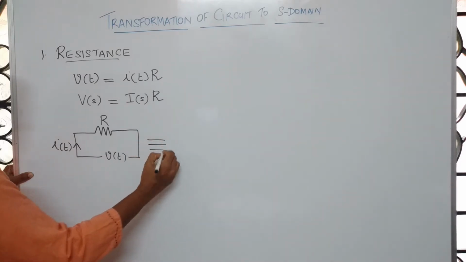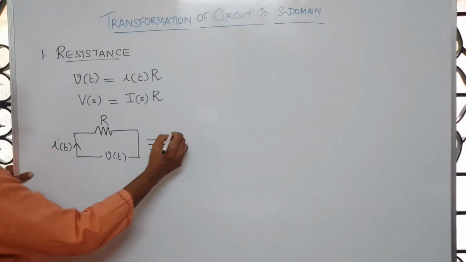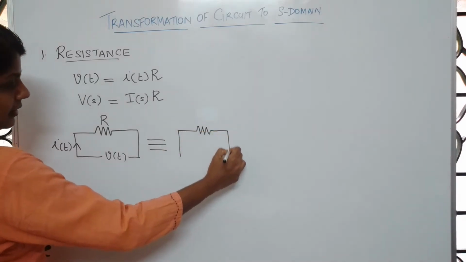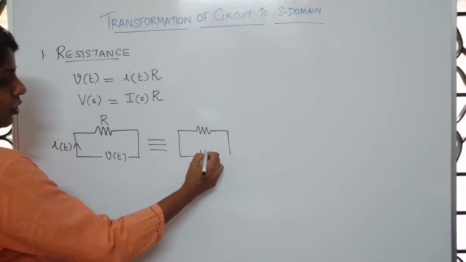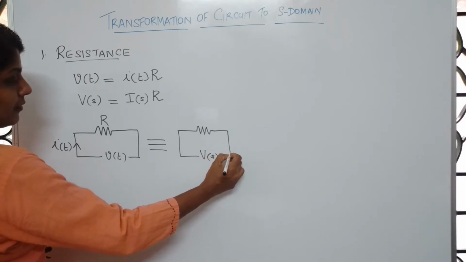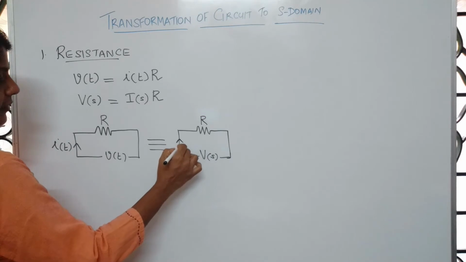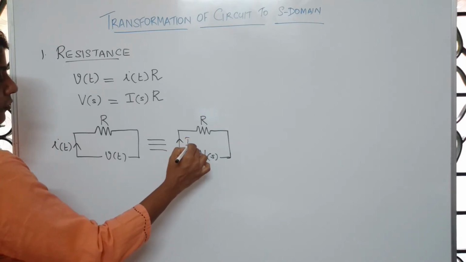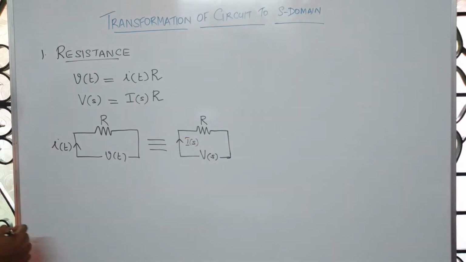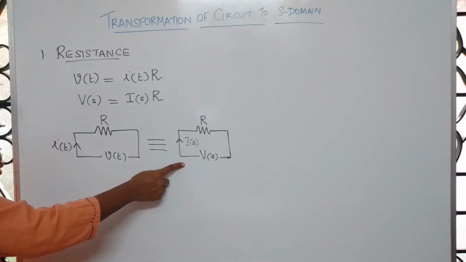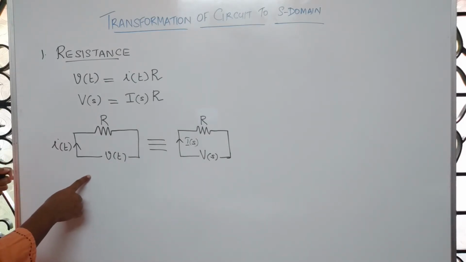This can be represented in S domain as follows: V of t will be replaced by V of s, R will remain as R itself, and I of t by I of s. So this is the S domain representation of the circuit, and this is the time domain representation of the circuit.